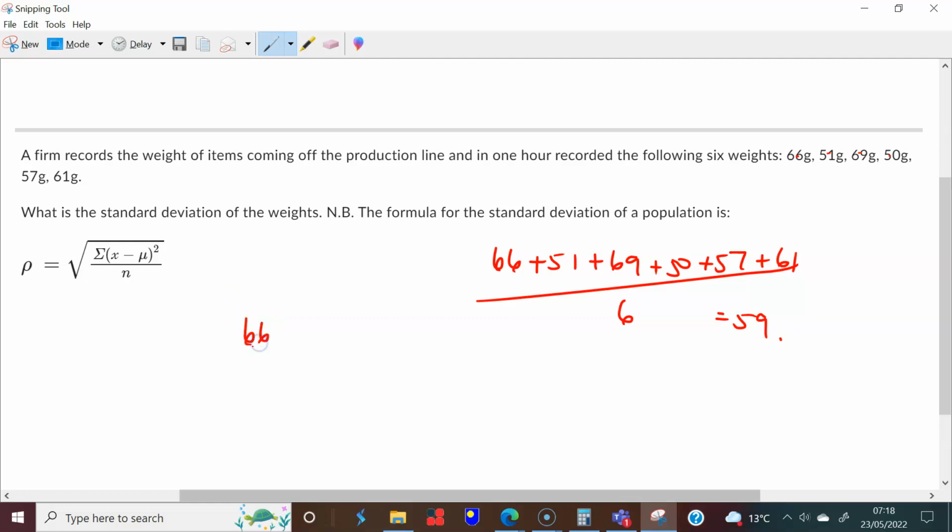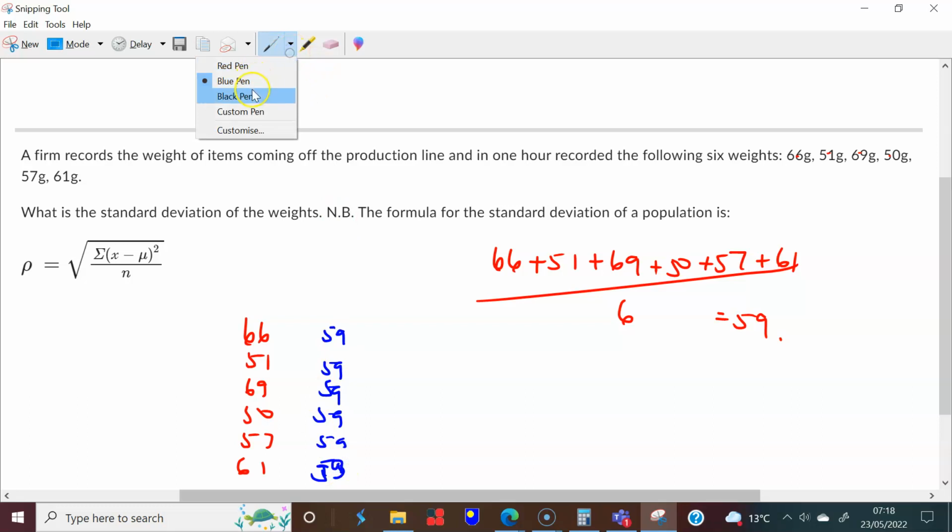So now that we know that the mean is 59, we have x: 66, 51, 69, 50, 57, 61. The mean is 59 for each. Then we have x minus mu, which is 66 minus 59, which is 7. 51 minus 59 is minus 8. 69 minus 59 is 10.